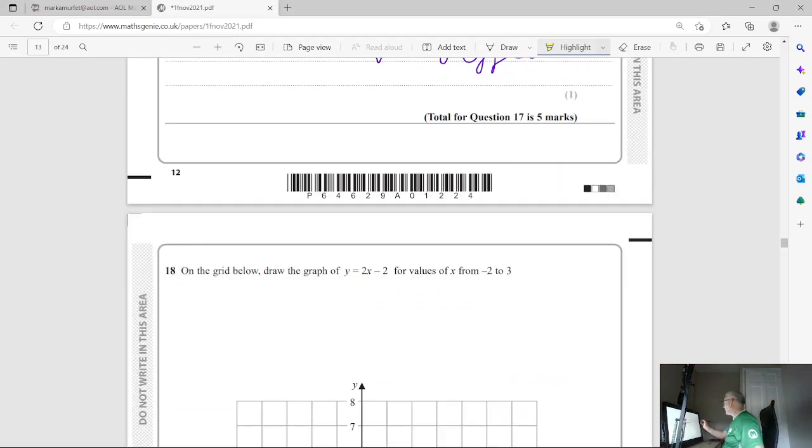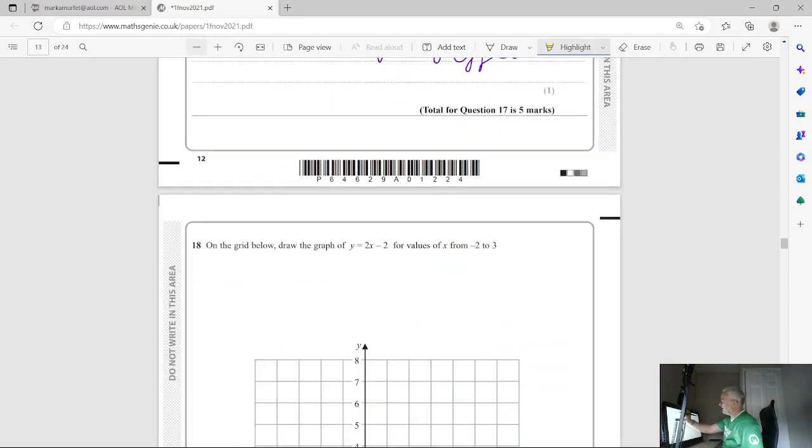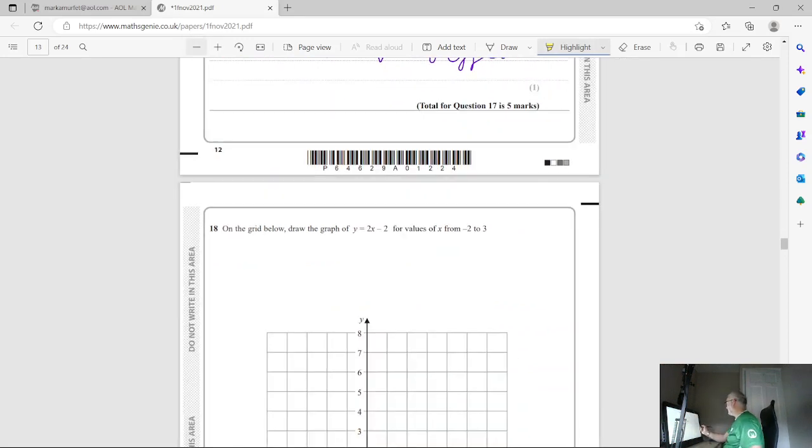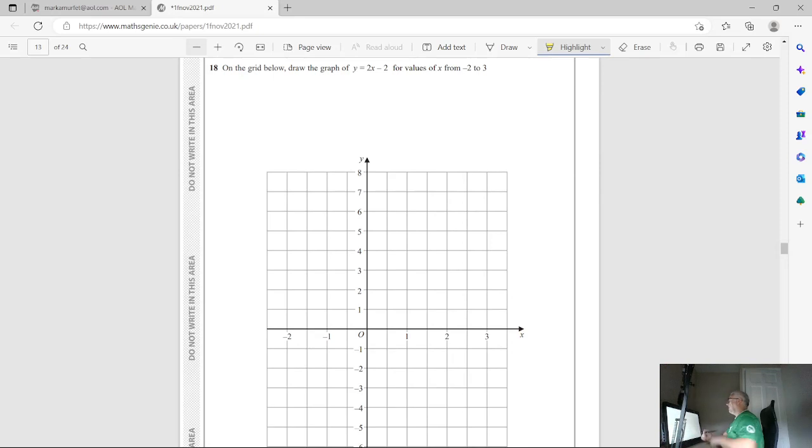Okay, question 18. Again, let's zoom out for this one. On the grid below, draw the graph of y equals 2x minus 2 for values of x from minus 2 to 3. Now, when they give me this, they're giving me the x values, minus 2 to 3.